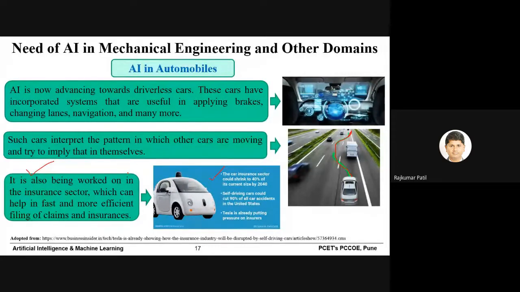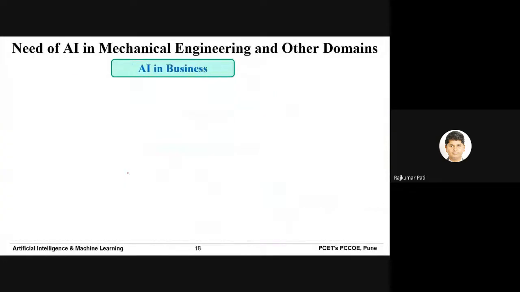This is also the coming future, and very soon in India also we will be seeing such technologies, where if all the things are connected in a loop, benefits and losses, then definitely it will increase the safety of the people and their driving skills. So these are some of the applications where AI can be used.